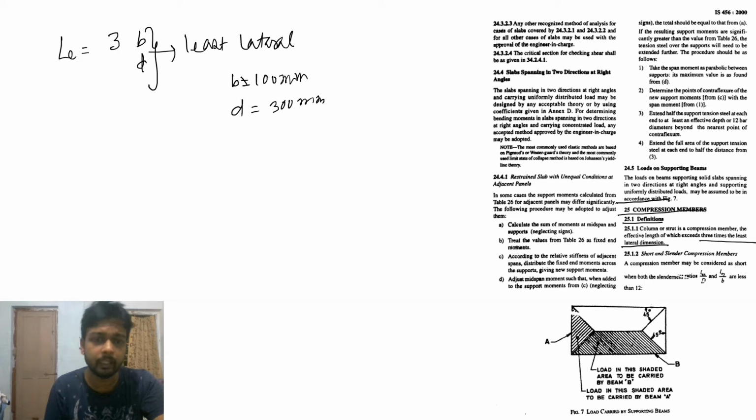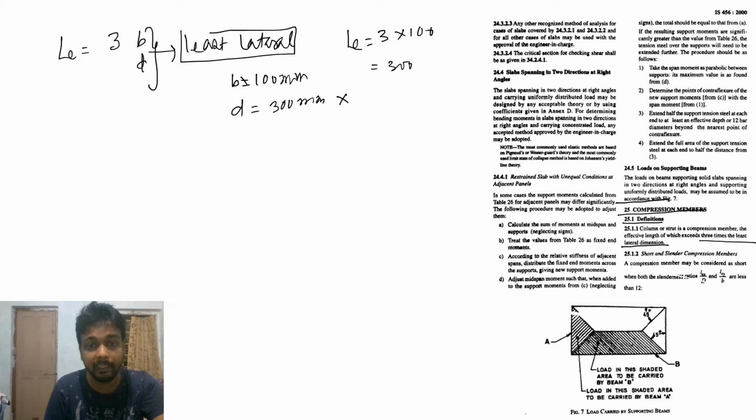In this scenario, L effective should be 3 into 100. Why 3 into 100? Because of the least lateral dimension. So we choose B. We do not choose D, because in this case D is greater than B. That is why we choose B.